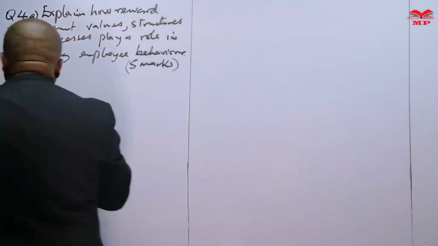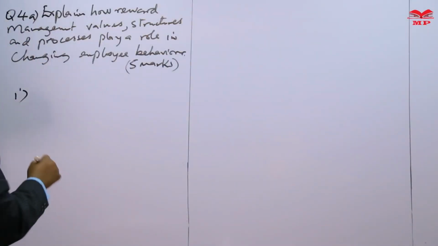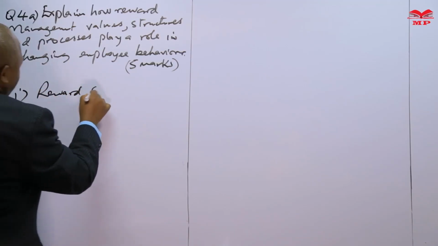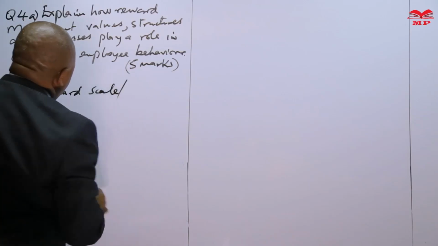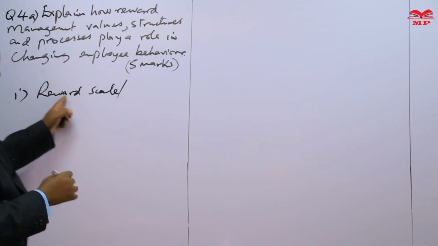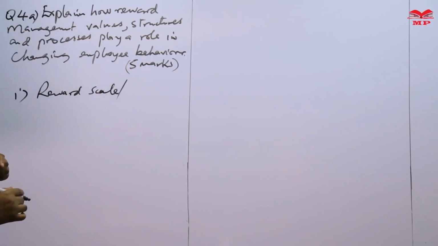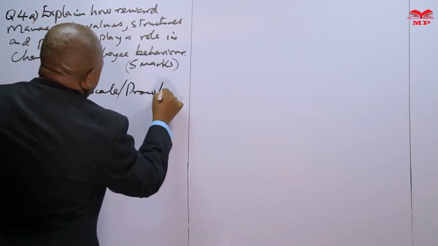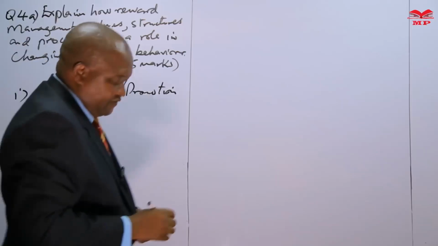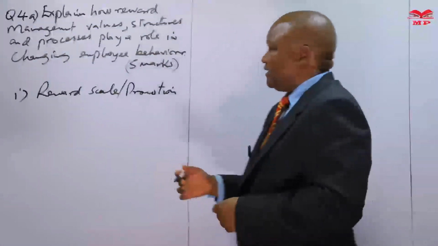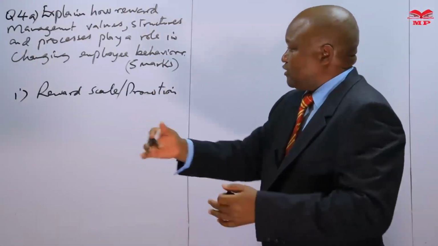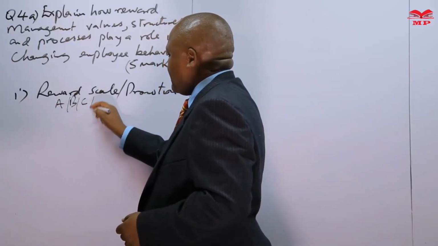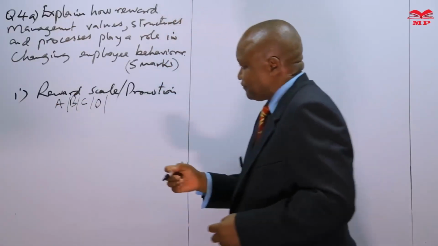Now, the first thing, reward scales and promotion. We note that if an employee is on a particular scale, let's say the scales are moving from A to B to C to D, going upwards.